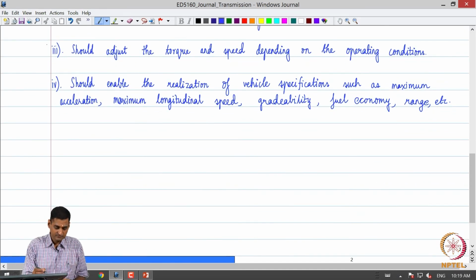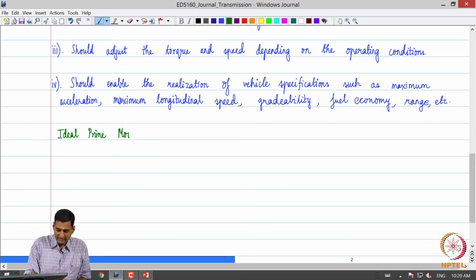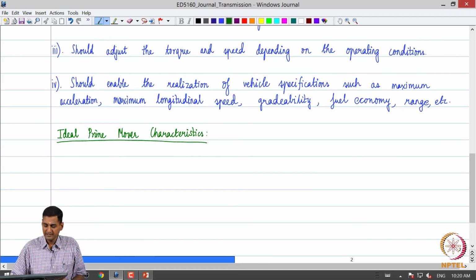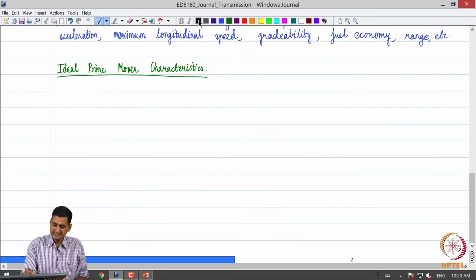So, given these expectations, what are the ideal characteristics of a prime mover which would be desirable?